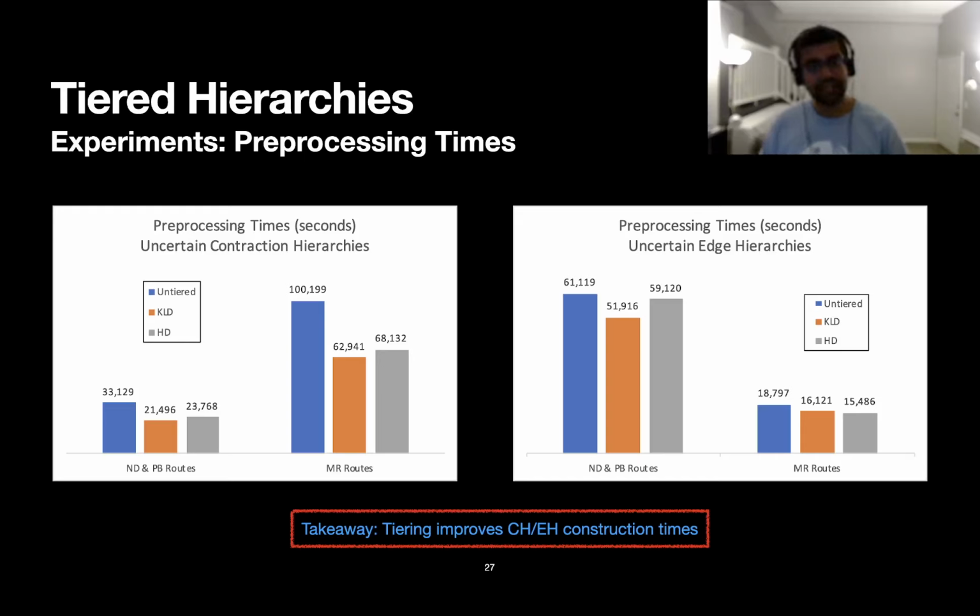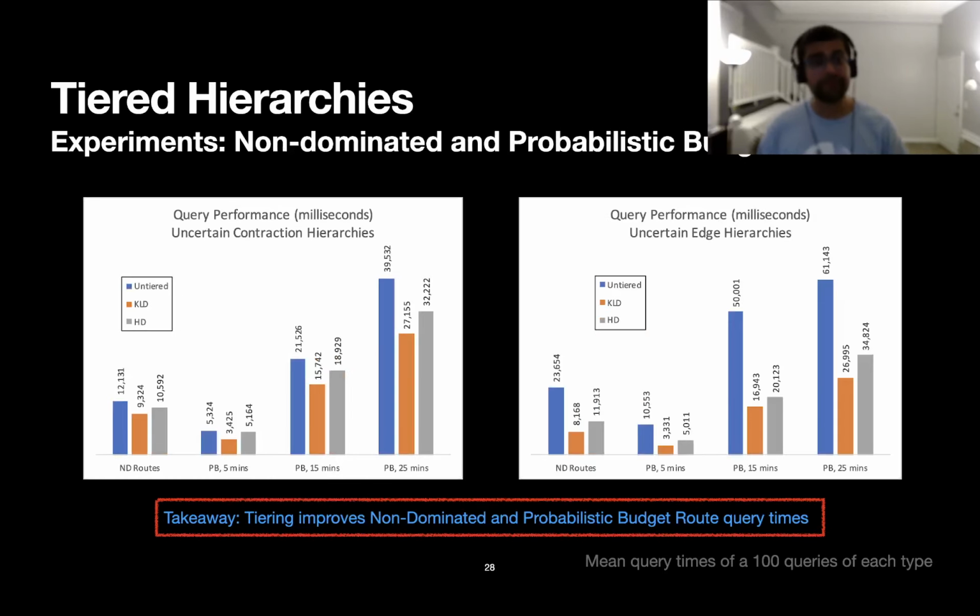We found that applying tiering to contraction and edge hierarchies reduces the pre-processing times for both KL divergence and Hellinger distance variants of the CH and EH by as much as 37%. Further, we also observe that applying tiering improves the performance of finding non-dominated routes and probabilistic budget route queries by up to 3 times in certain cases.